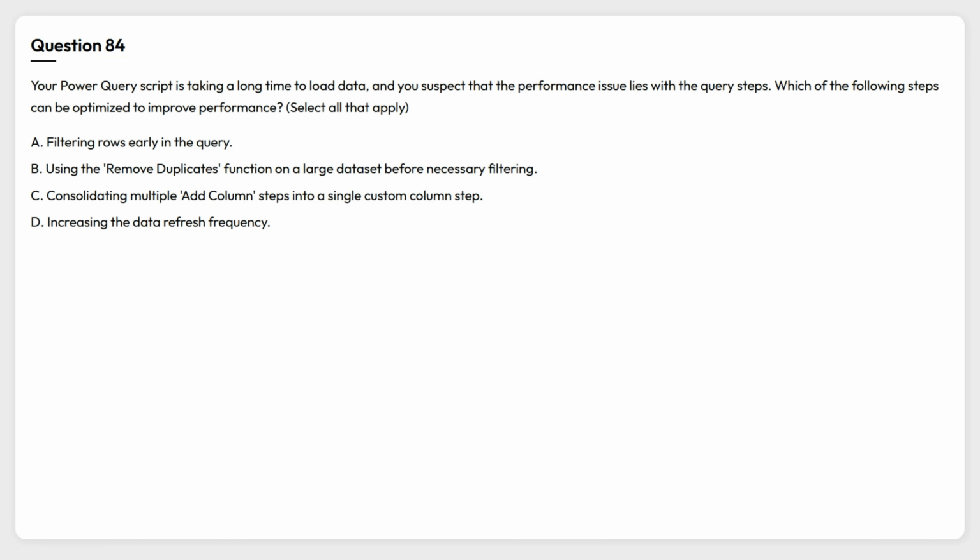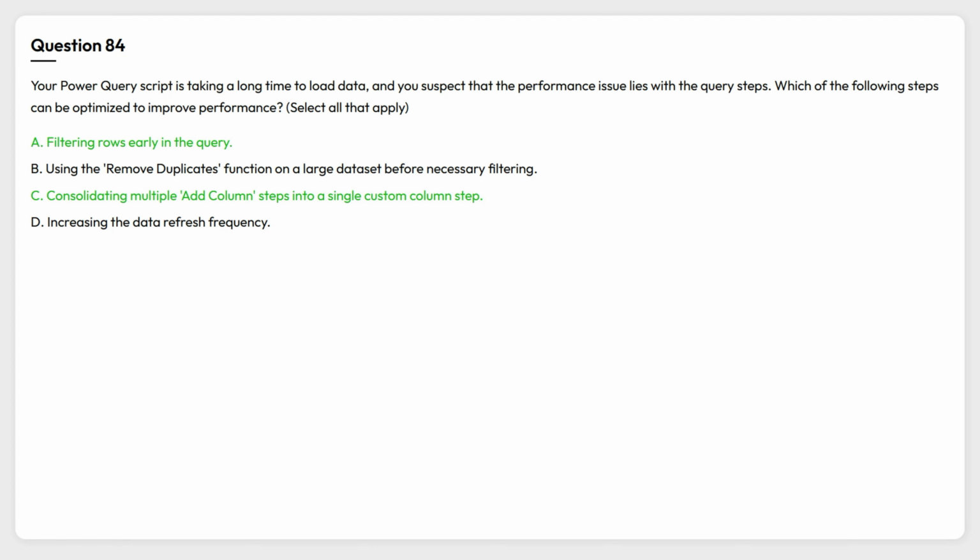Option B, using the remove duplicates function on a large dataset before necessary filtering. Option C, consolidating multiple add column steps into a single custom column step. Option D, increasing the data refresh frequency.